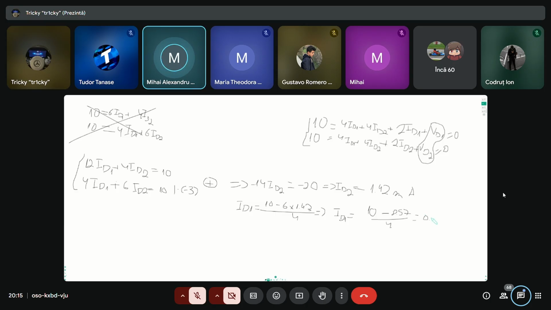Walid, dar o întrebare. Nu era 10 minus 8,52? 52 sau 57? Stai că am făcut calculul în cap, deci nu știu. Nu era 10 minus 6 ori 1,42 supra 4? Ba da. Sorry, 6 times 1.42 is 8.52.